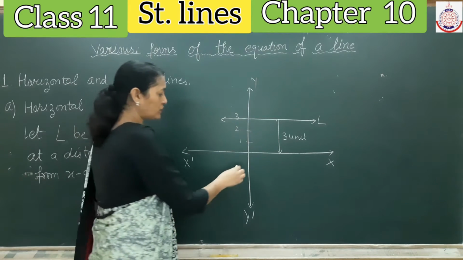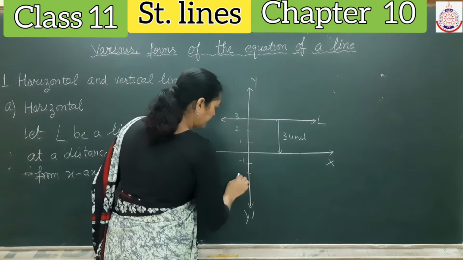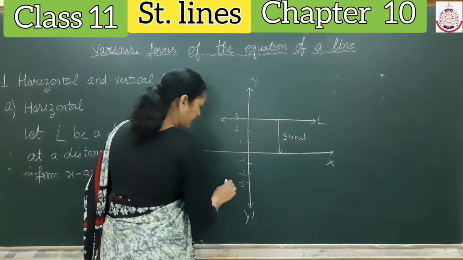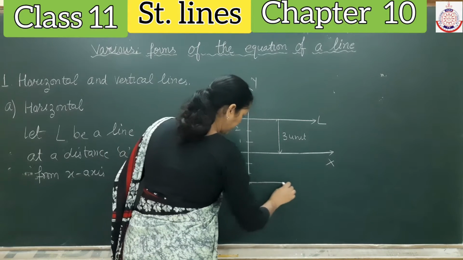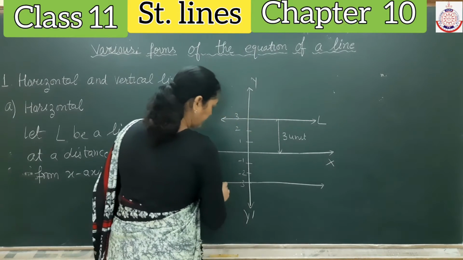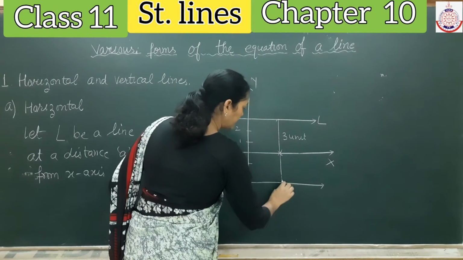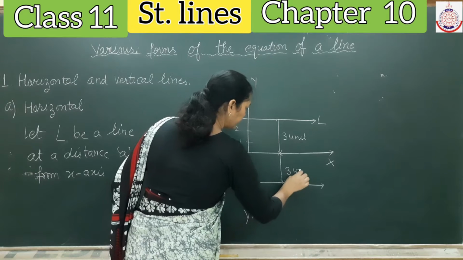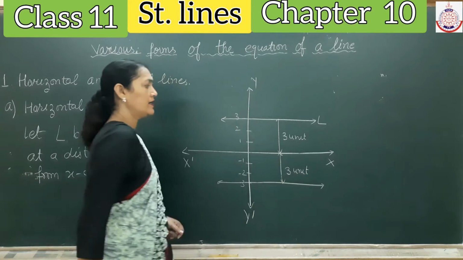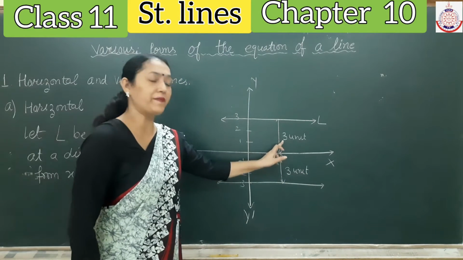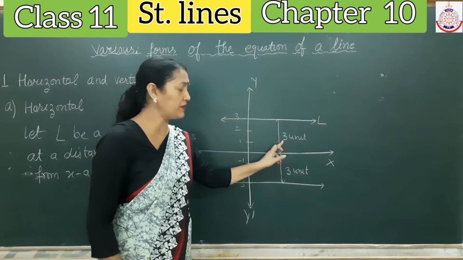Same way, if I draw a line here, this line is also at a distance of 3 units from x-axis. That means if I am taking it as A, any value can be there.